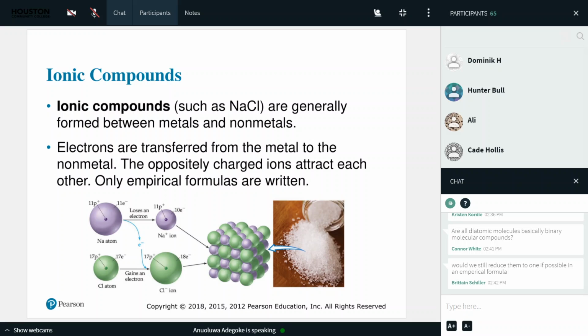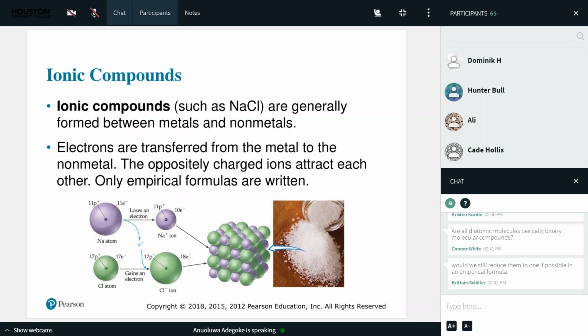For example, chlorine is right there in group 7. It needs only 1 to have 8 electrons. So sodium is a good partner for chlorine because sodium has 1 to give out. Chlorine needs 1, so sodium transfers 1 to chlorine and it becomes a compound.